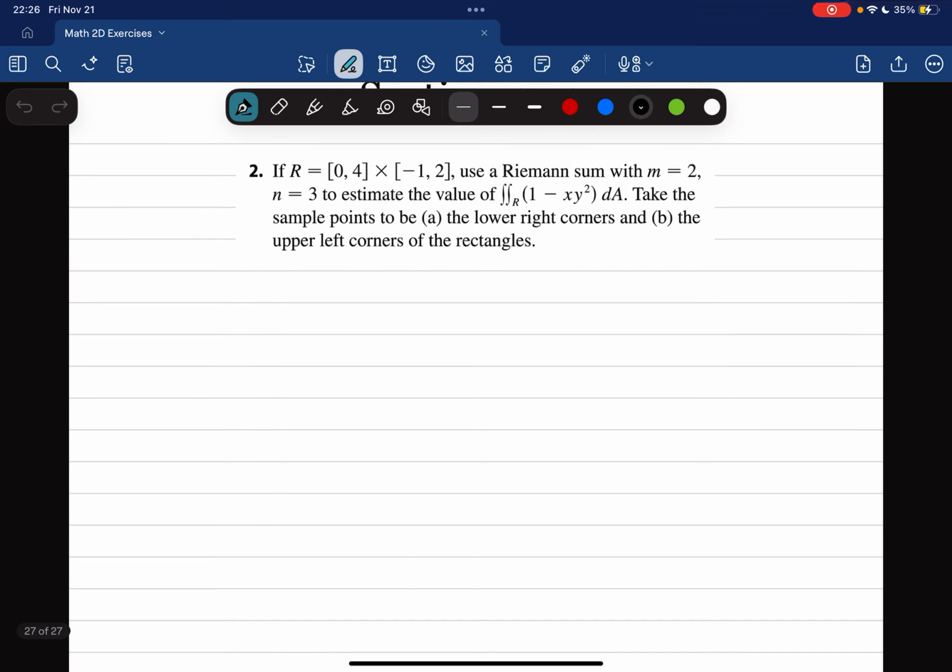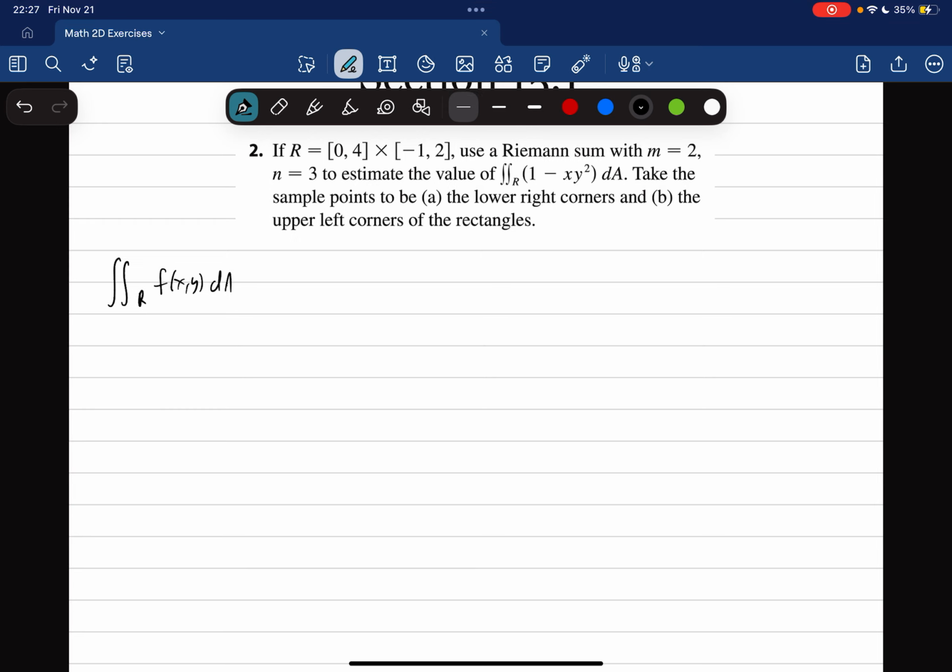So, how do we estimate the double integral?